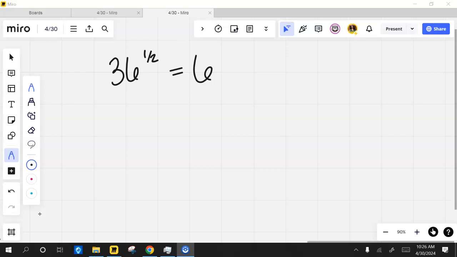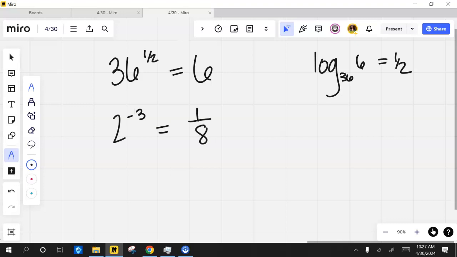Why? Because square root. 1/2 is a square root, right? Write it as a logarithm. Log, what's the base? 36 of 6 equals 1/2. It always equals the exponent. True or false? True. Write it as a logarithm.